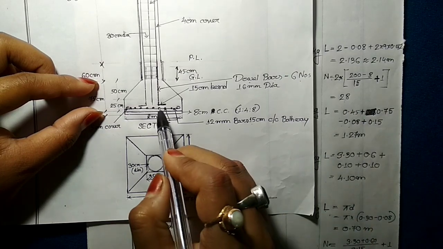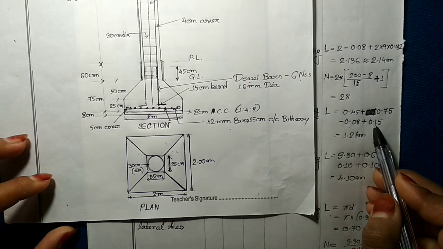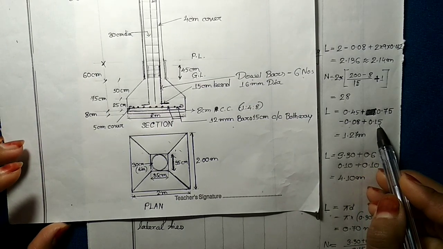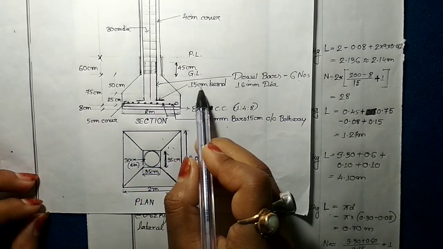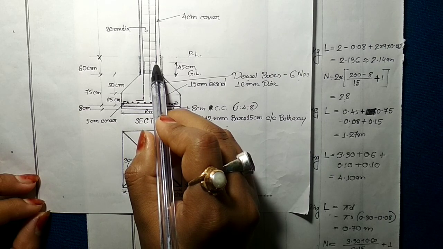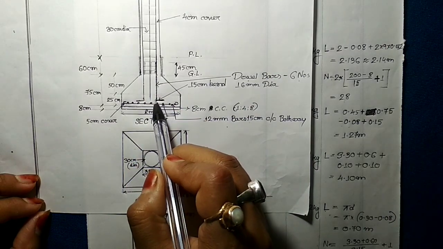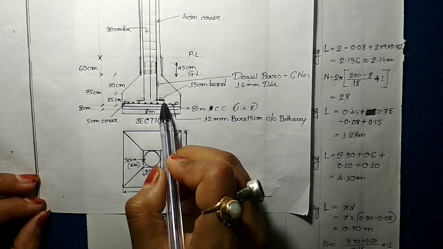What is this? This gap is 0.08. Okay, plus 0.15, that means 15 centimeter. Why 15 centimeter? Because the bend is given as 15 centimeter.